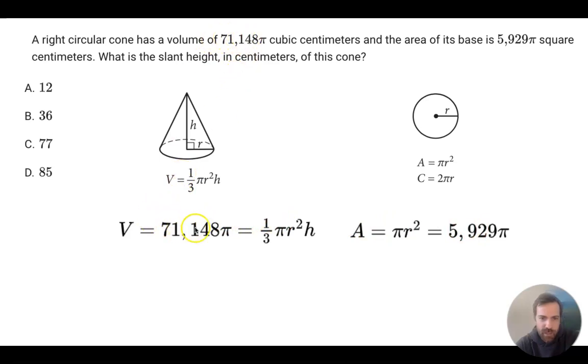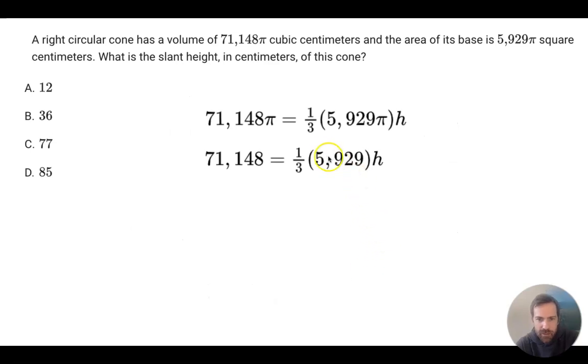So V equals that, which is equal to 1/3 pi r squared h, because that's the volume formula. Our next step is to substitute the area in for the pi r squared, because that represents the area. So this is equal to 1/3 times our area times h. Now we have an equation where we can solve for h.